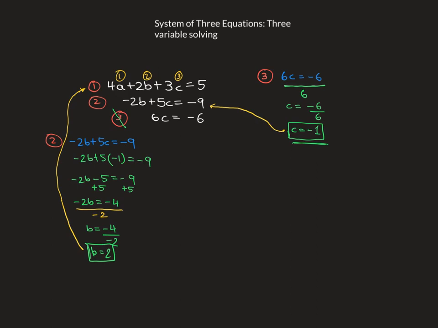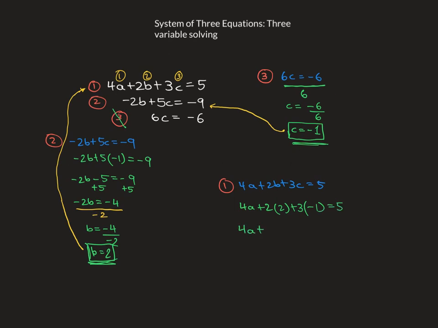So equation 1 is 4a plus 2b plus 3c is equal to 5. We have 4a, because we don't have the value of a, plus 2 times 2, since b is 2, plus 3 times minus 1, since c is minus 1, is equal to 5.